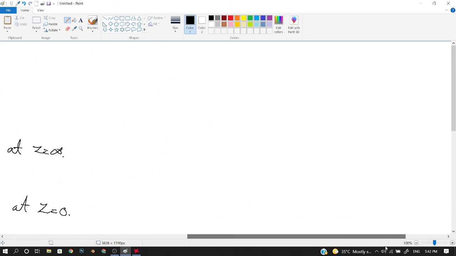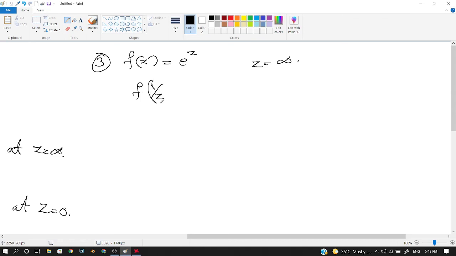Now we can consider another example. Example number 3: f of z is equal to e raised to z. It has an essential singularity at z equal to infinity because f of 1 by z is equal to e raised to 1 by z, which has an essential singularity at z equal to 0.